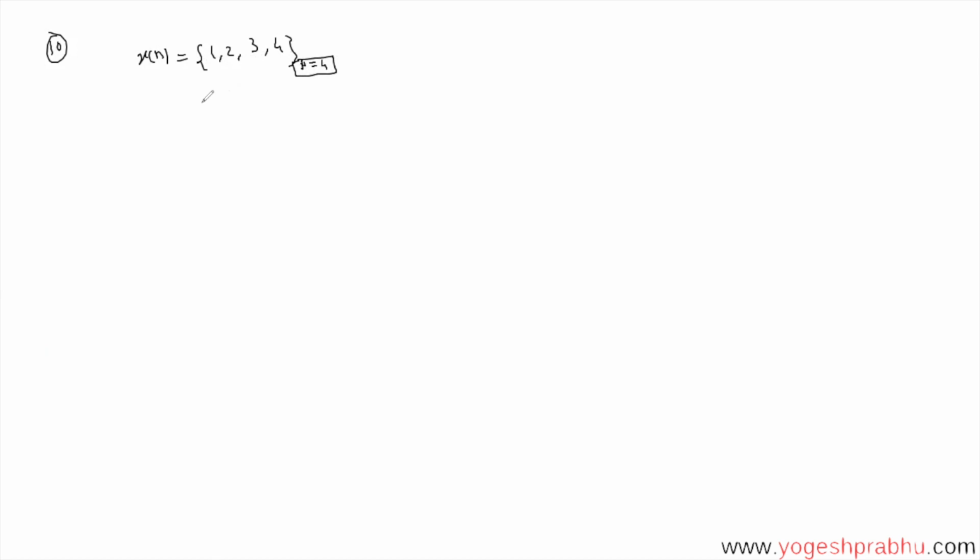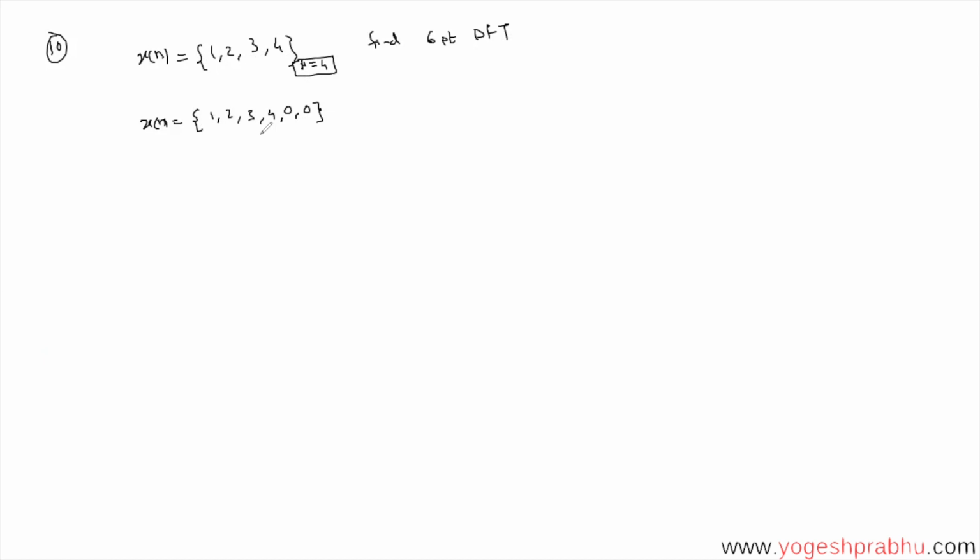What the question is asking is to find the 6-point DFT. So when you find the 6-point DFT, you simply have to do the zero padding, and x of n will be 1, 2, 3, 4, 0, 0.